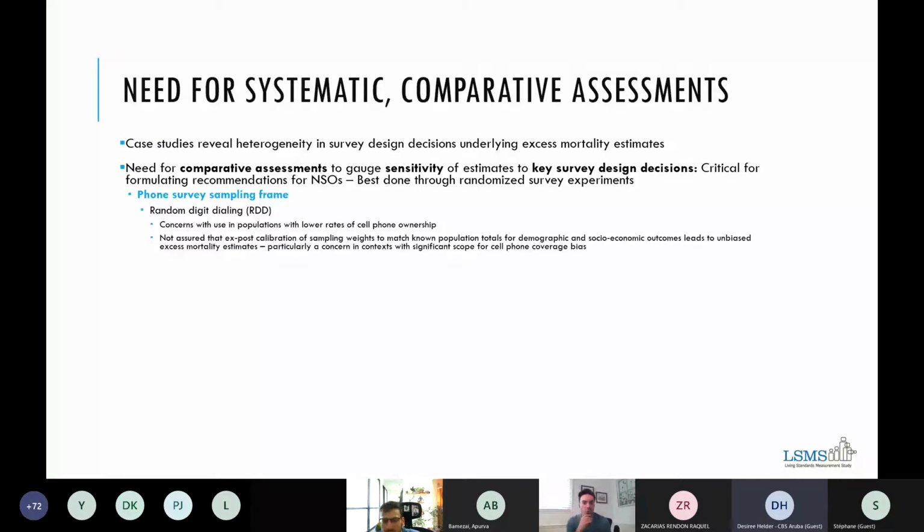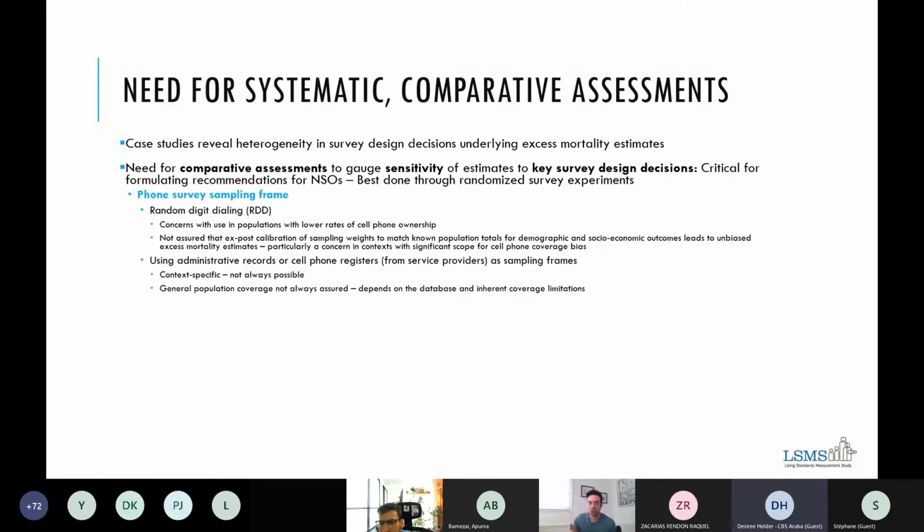Without a gold standard, it is not possible to claim unbiasedness, but ex-post calibration is a given in RDD estimation, so that at a minimum has to be done. But I'm just noting this as a concern in contexts with, again, lower rates of cell phone ownership and hence a significant scope for coverage bias.